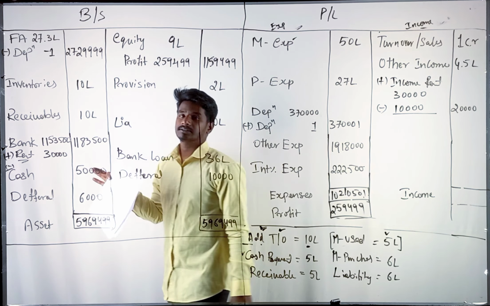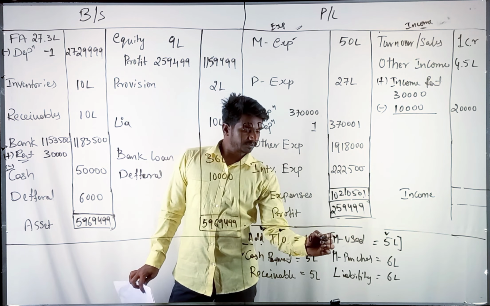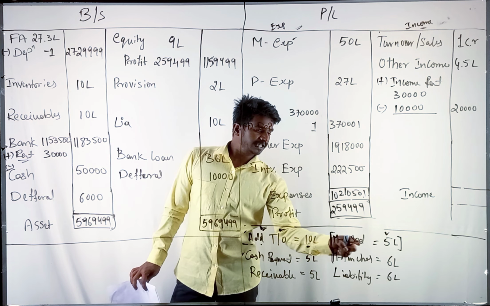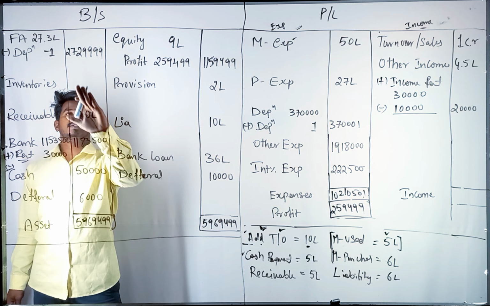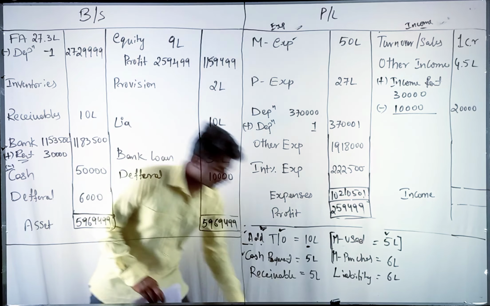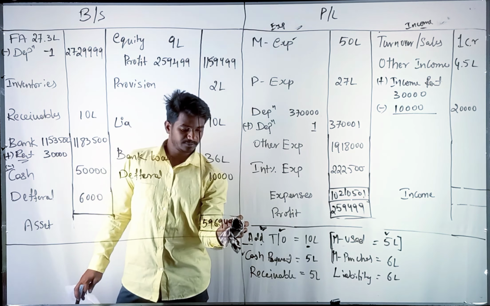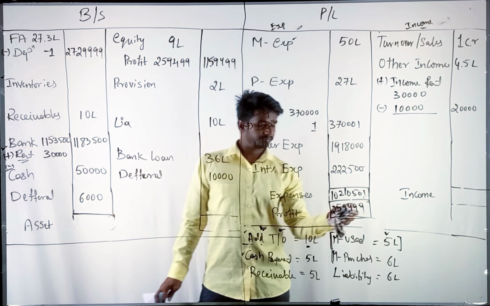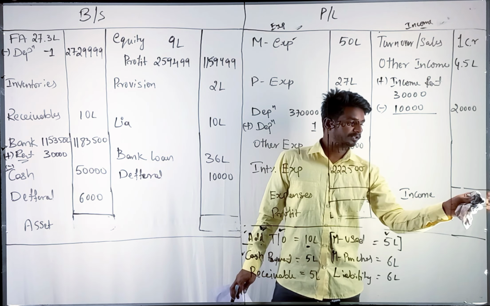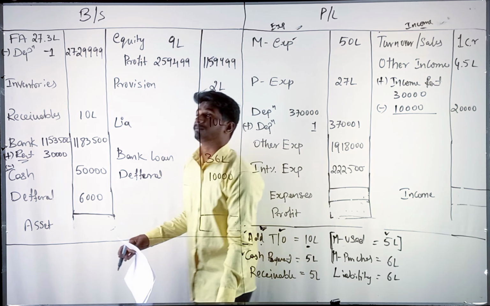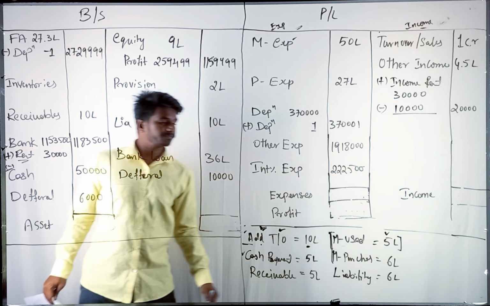Let's start the solution. Now, first thing, these two. Material used is for 5 lakh. I'm erasing this, and after this solution the total will be not the same, and profit also will not be the same, and expense also not be the same, income also not be the same. Right. Inventories, how much we have used?